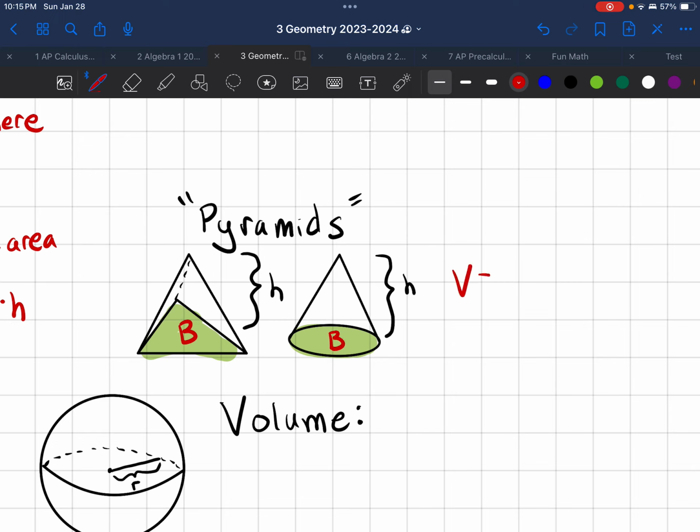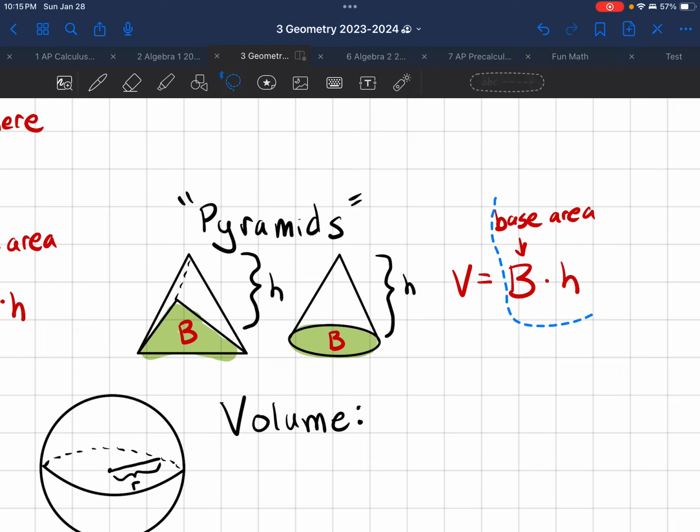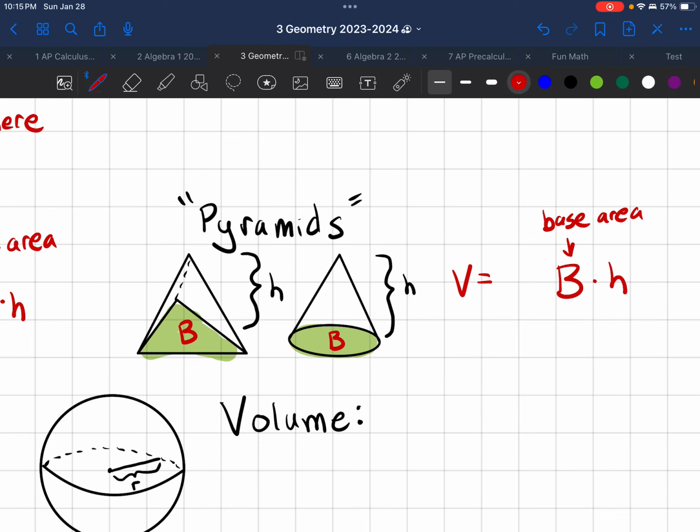So the volume is going to be the base area, multiplied by the height, which is exactly the same, and then we take all of that and divide it by 3, 1/3 of that.